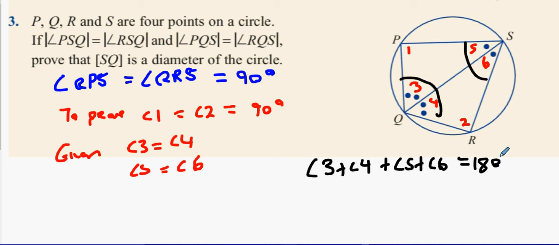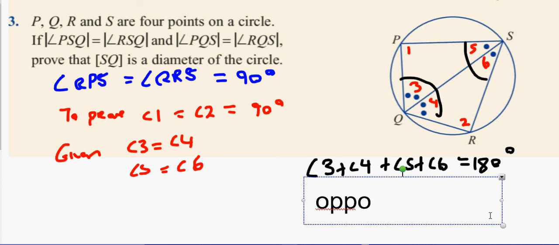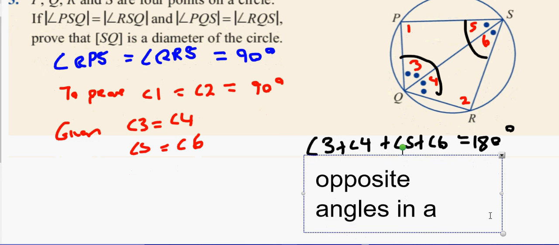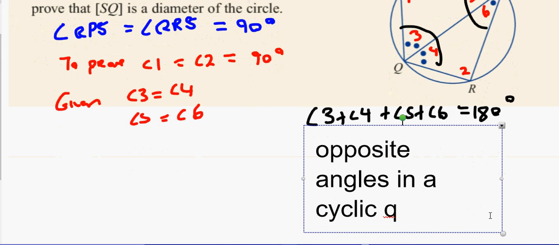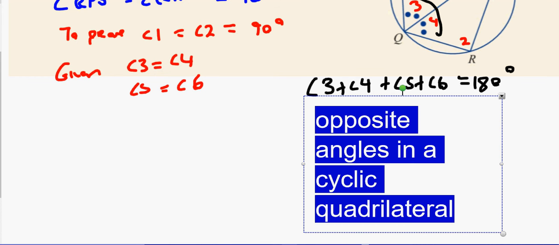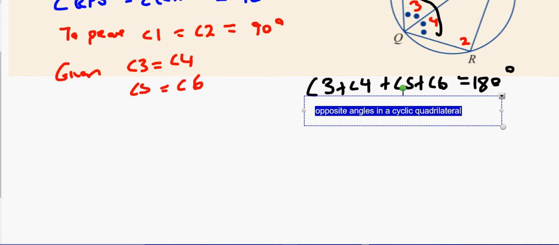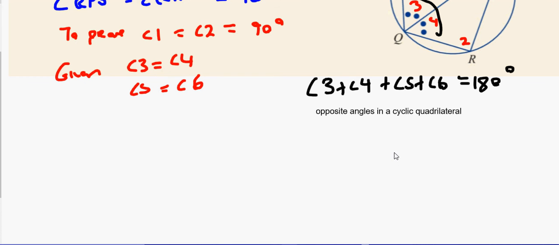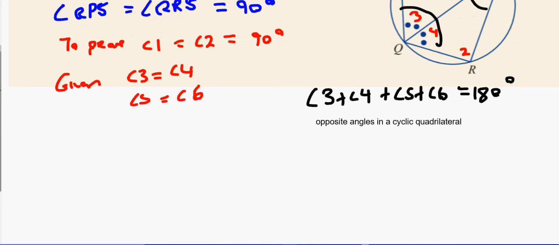Opposite angles in a cyclic quadrilateral. I'm going to type that out. We cool with that, guys? Opposite angles in a cyclic quadrilateral, okay?